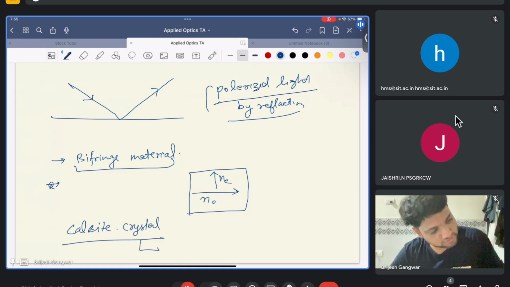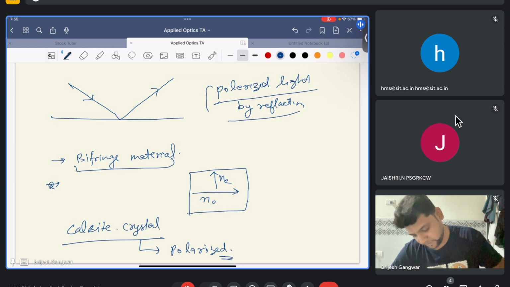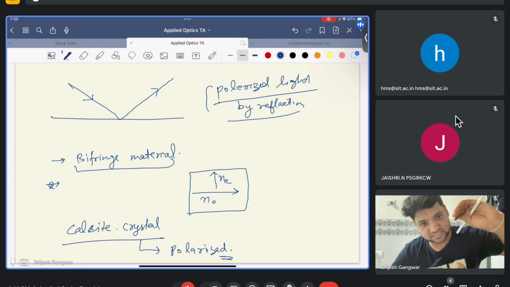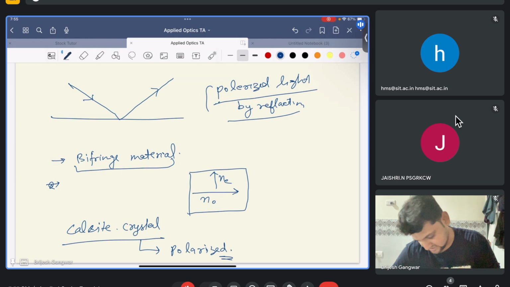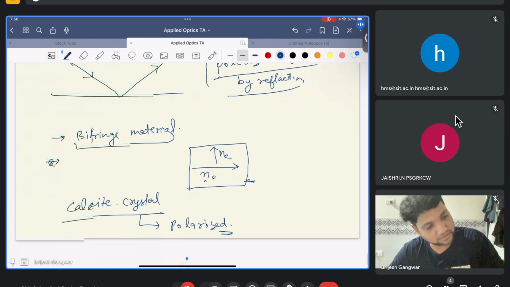This crystal is also very famous in the polarizer chapter, because here one is the optic axis and one is the non-optic axis. Along the optic axis this ray moves fast, and it also gives us some polarization. So birefringence is one phenomenon, and we use the birefringence property of these materials to show polarization.